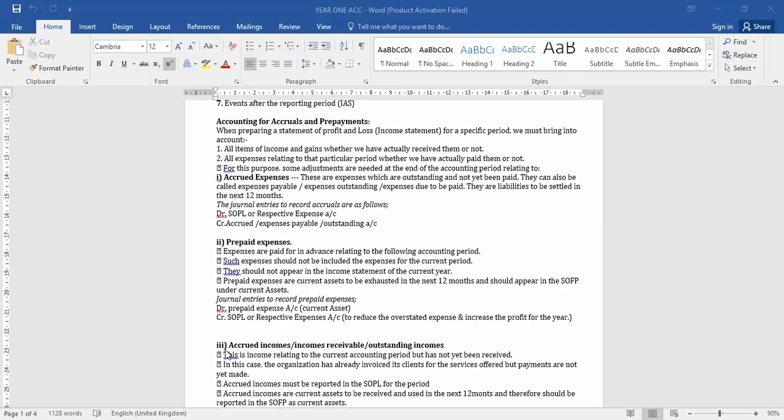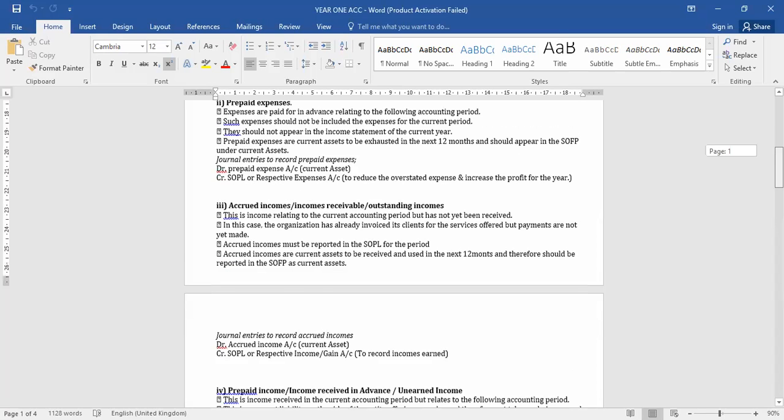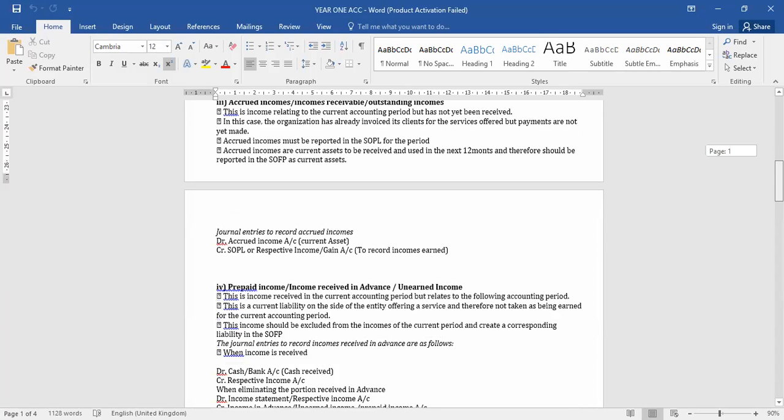Then if I go to Roman numeral 3, accrued incomes or accrued receivables. Now be careful with accrued incomes and prepaid incomes. It somehow differs from the expenses. Accrued incomes, what are they?